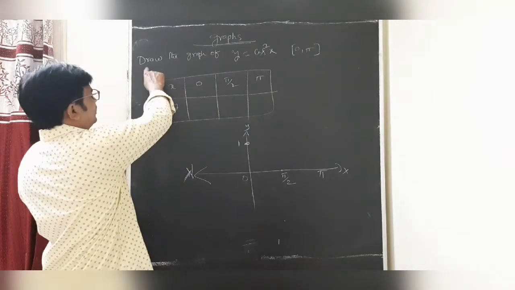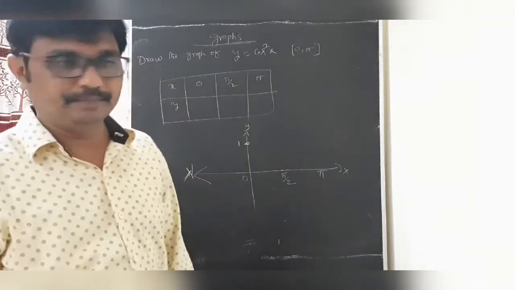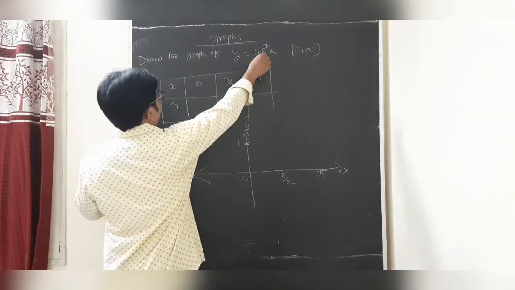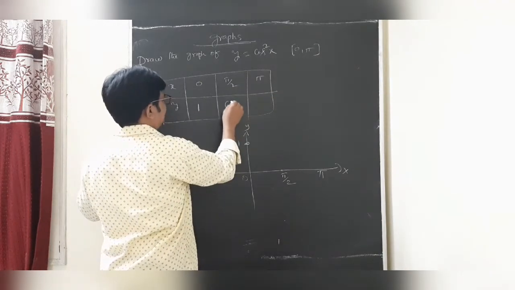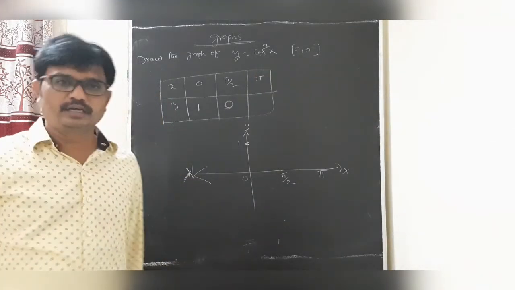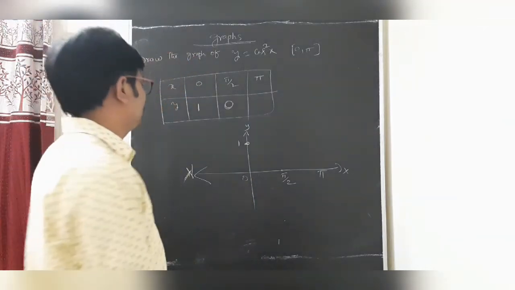Now students, draw the graph of y equal to cos square x in between 0 to pi. My dear students, we have to know that cos 0 is 1, cos 90 value is 0, cos pi is minus 1. Minus 1 whole square is plus 1.